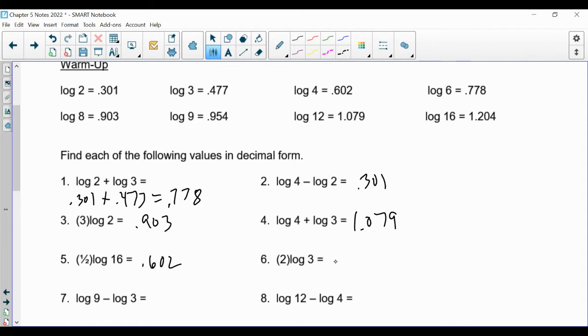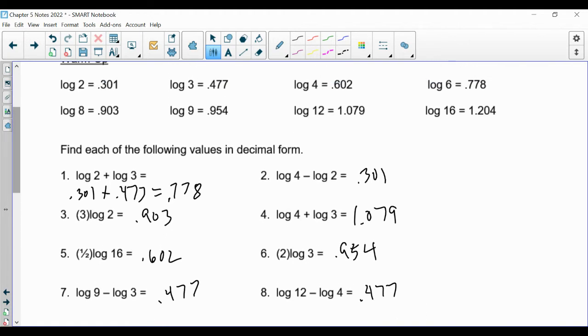This one 0.954. This one should have been 0.477. And this one also 0.477. Okay. And I was able to do all of those real quick. I didn't have them written down or anything because I knew the log properties already.